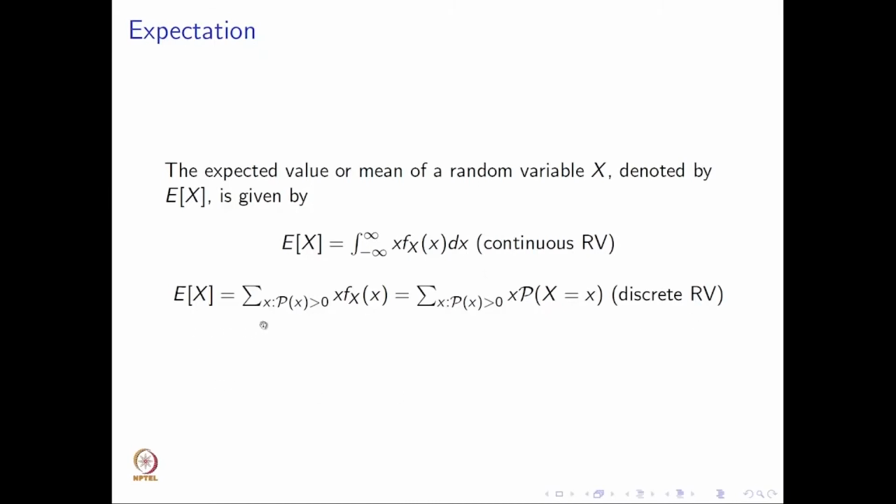Expectation of X is equal to the sum over all x such that probability of x is greater than 0. That is, we consider all values of the random variable for which the associated probability is greater than 0, x into fX(x). Here fX(x) is the probability mass function of the random variable X, which essentially gives the associated probability for a particular value of the random variable, thus leading to this definition.